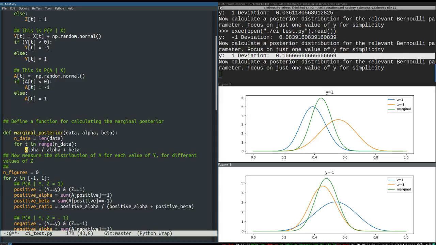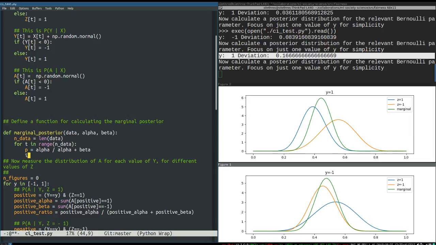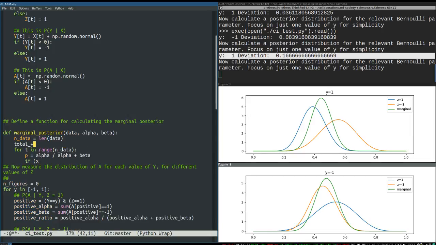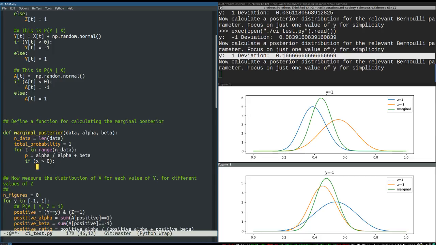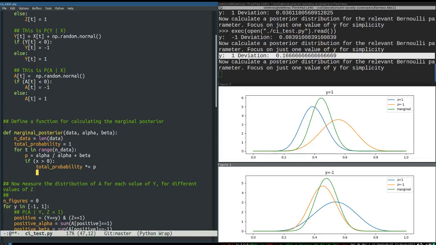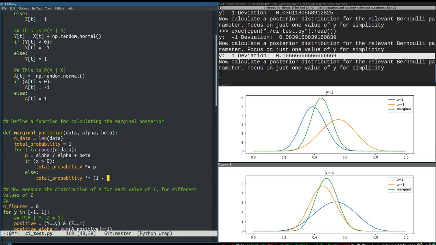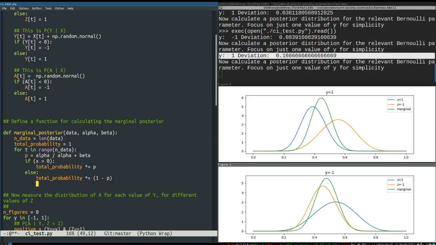So let's call this p. The total probability is 1. If x is greater than 0, then total probability times p, else total probability times 1 minus p. We agree? This is the probability of seeing x equal 1 under our marginal distribution, and this is the probability of seeing a 0.